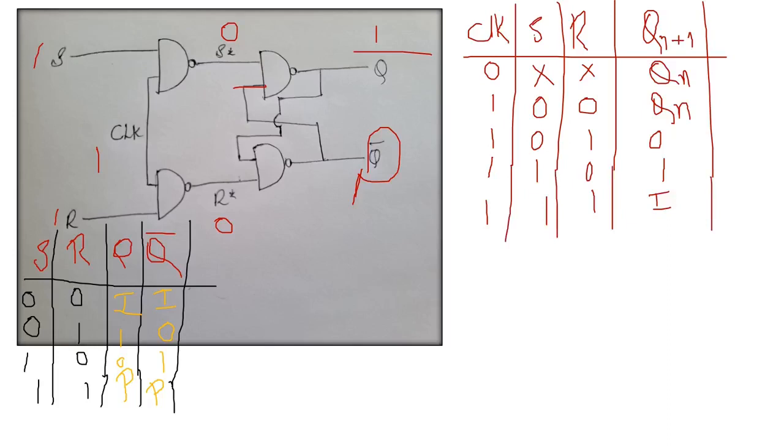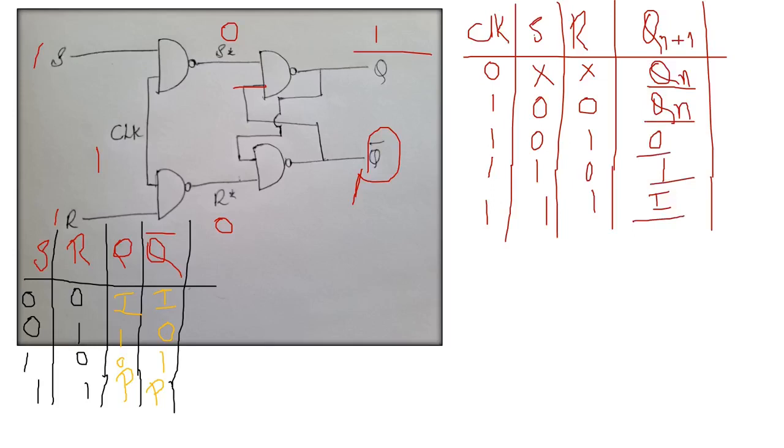In the truth table for the SR flip-flop, when clock value is 0, irrespective of S and R, the output will be the previous output. Then when clock value is 1, we'll be writing the 4 combinations for S and R and we'll be getting the output. One will be previous output, one will be 0, one will be 1, and one other will be invalid.